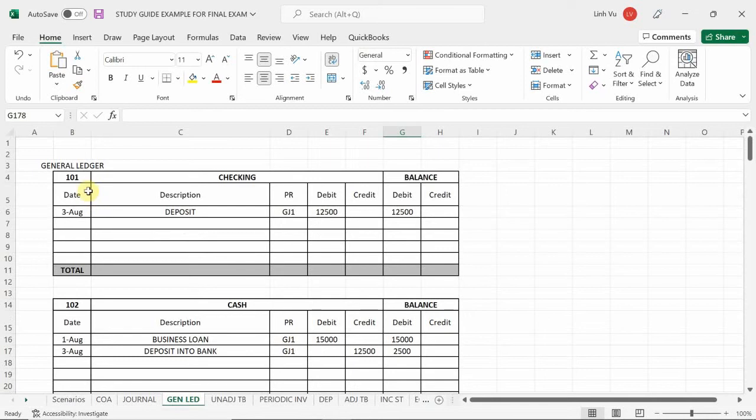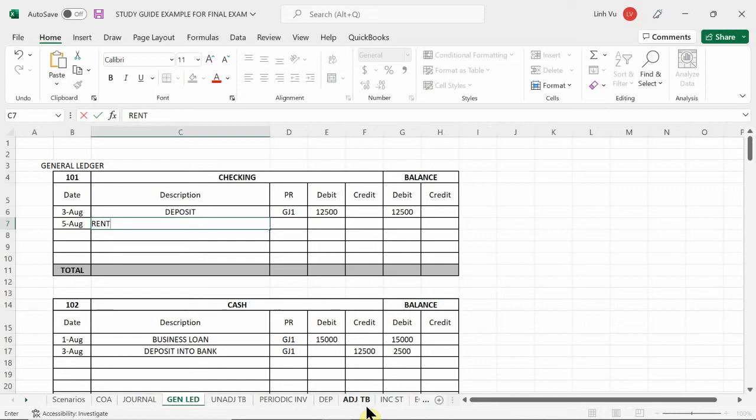And you took money out of your checking account, which credited your account for $1,500.